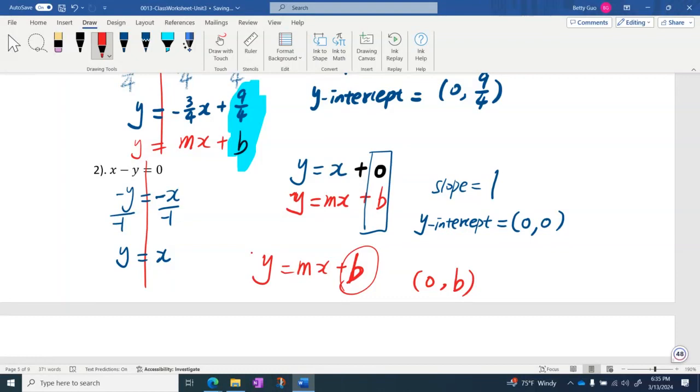Remember, guys, the y-intercept is the intersection of the straight line and the y-axis. So the y-intercept must be on the y-axis. So the x value must be 0, right? Must be 0.